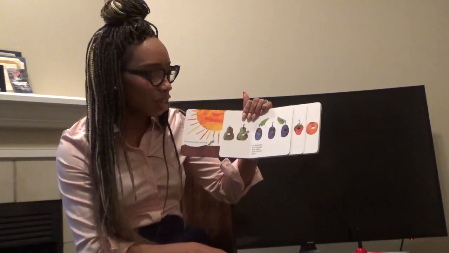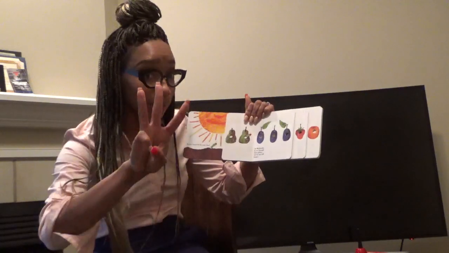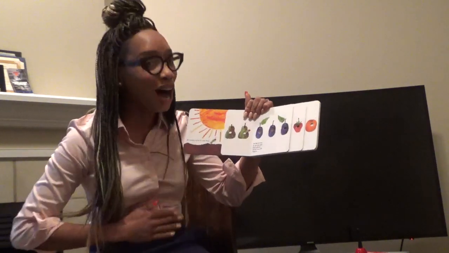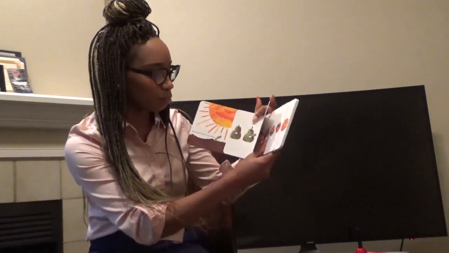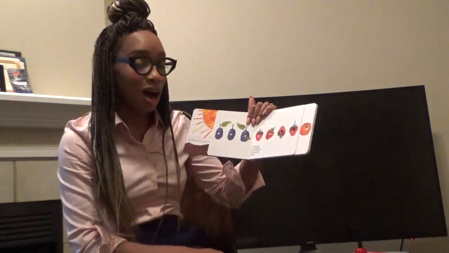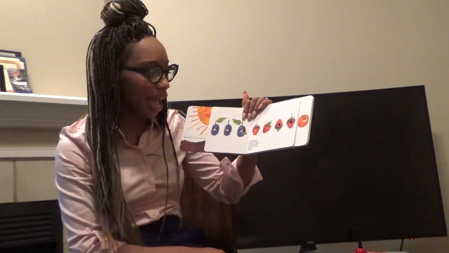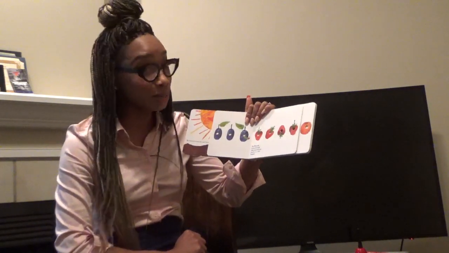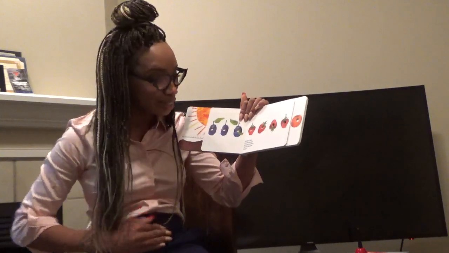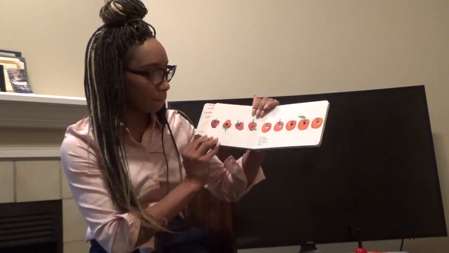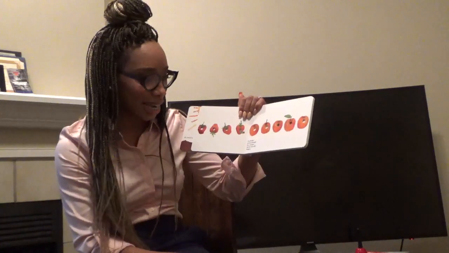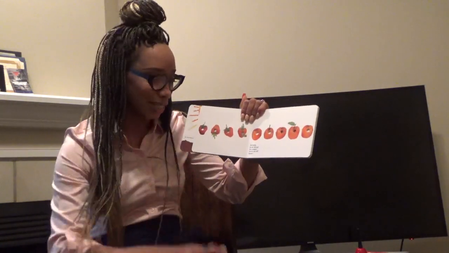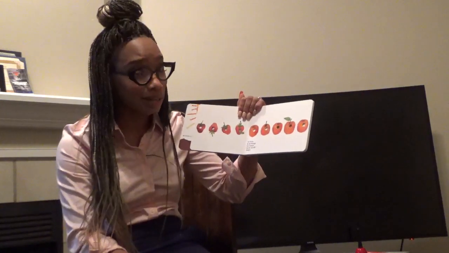On Wednesday, he ate through 3 plums, but he was still hungry. On Thursday, he ate through 4 strawberries, but he was still hungry. On Friday, he ate through 5 oranges, but he was still hungry.